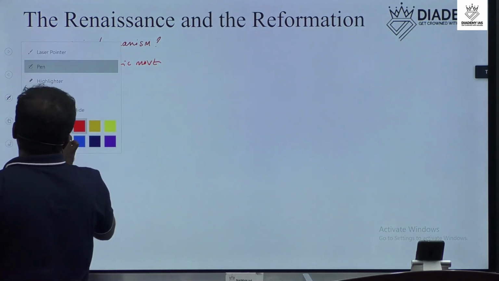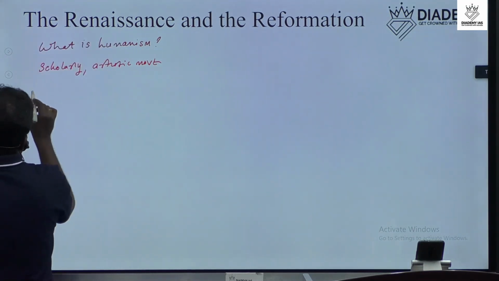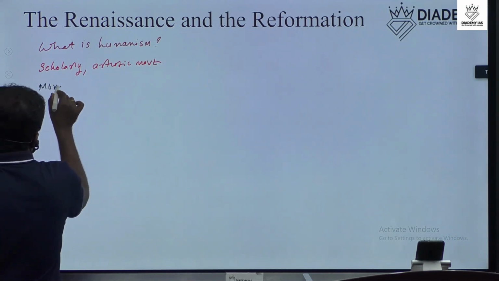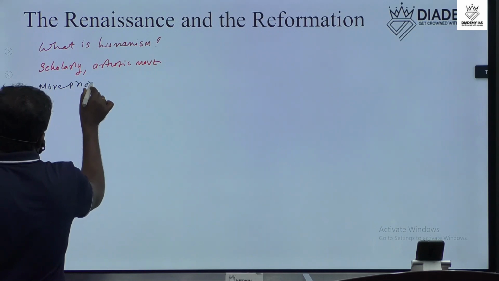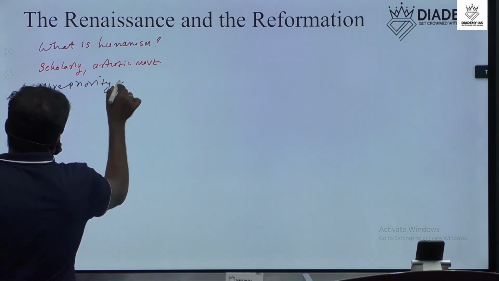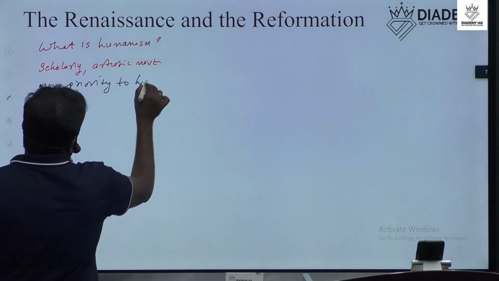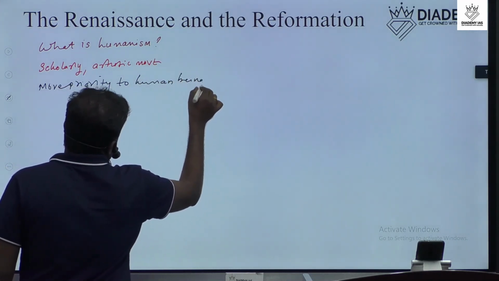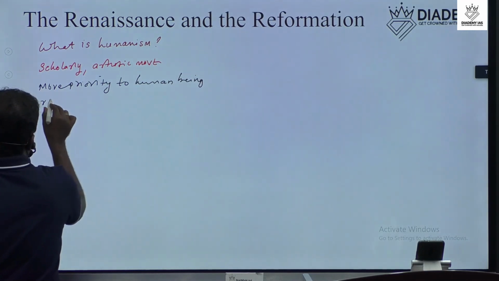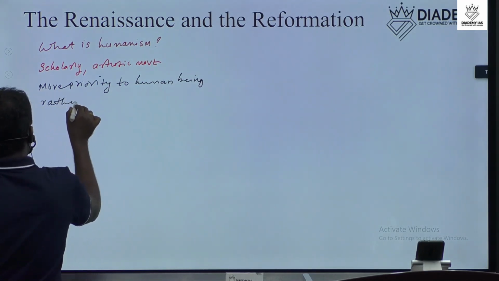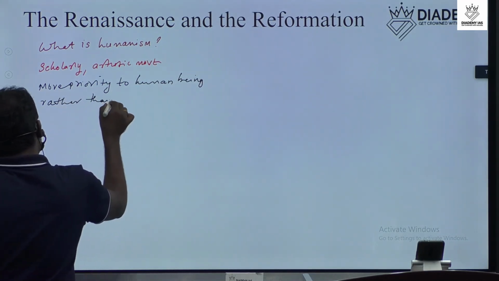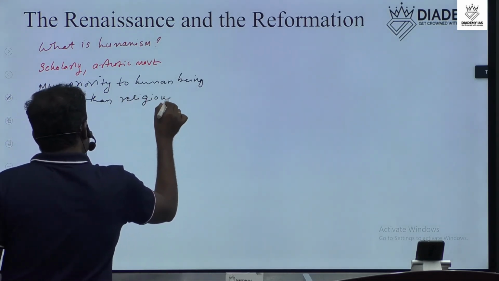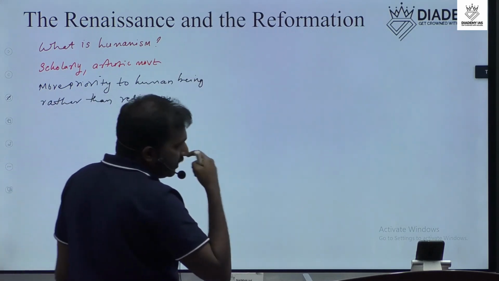The definition of humanism is giving more priority to human beings or human life rather than religion or religious ideologies. Okay, that is humanism.